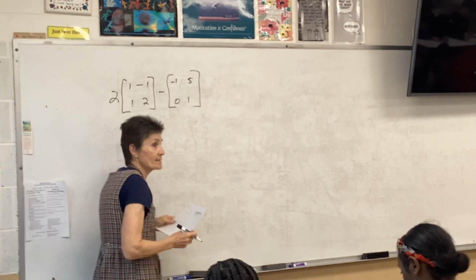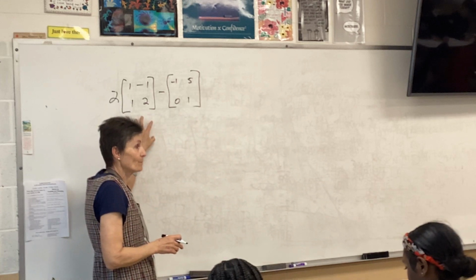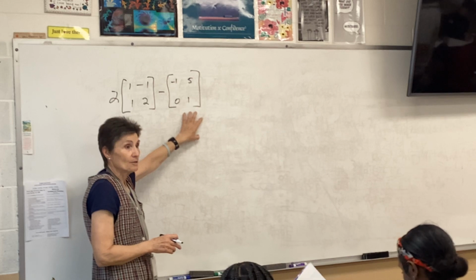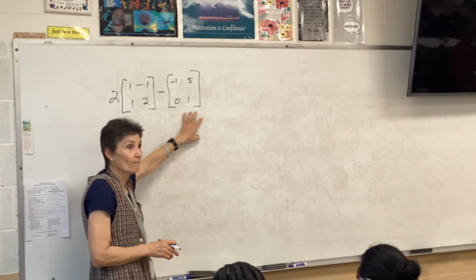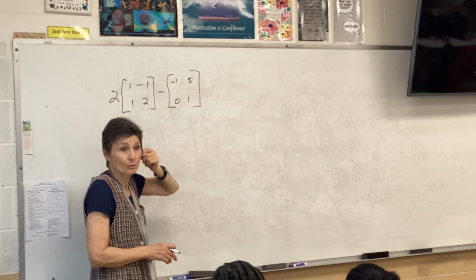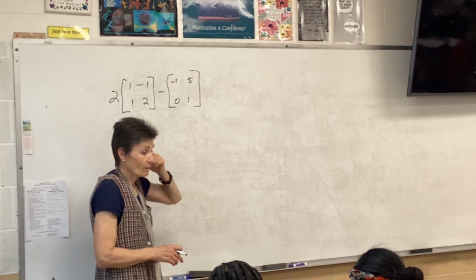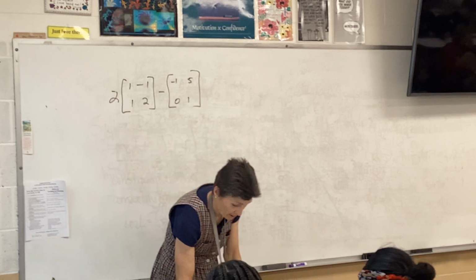Yes, it is. Because isn't this a 2 by 2? And this is a 2 by 2? And the rule for subtraction is that they have to be the same size. Right? That's the rule for subtraction.